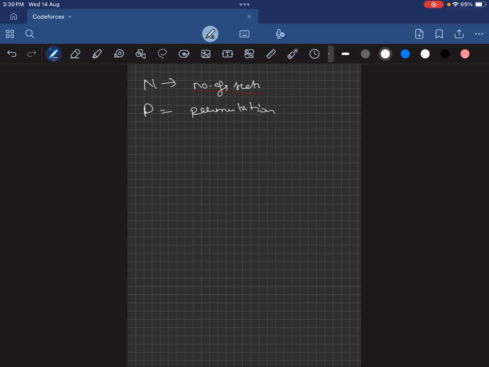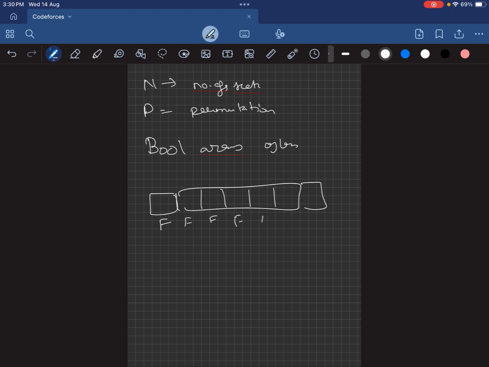So how do we go about solving this question? It is simple. We maintain a boolean array of length n plus 2, initialized to false, and whatever is the first number of the permutation, we mark that true.